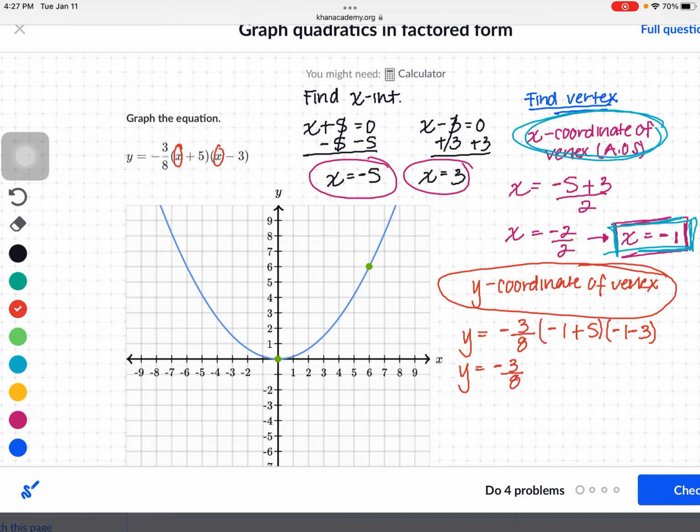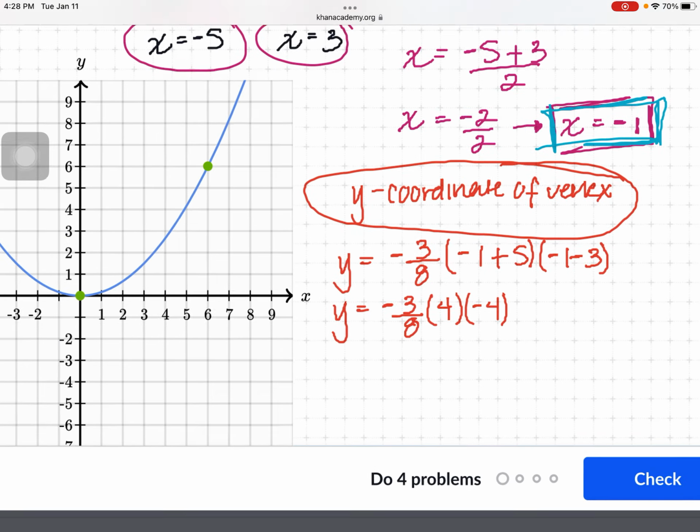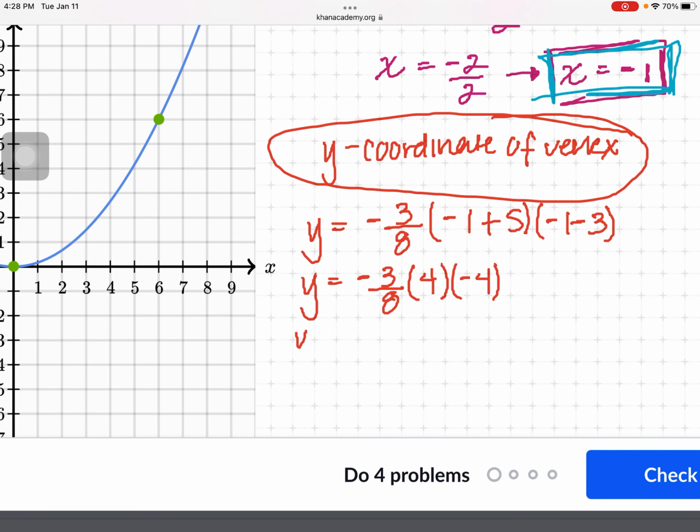All right, so y equals negative 3 over 8. Negative 1 plus 5 is 4. And negative 1 minus the 3 is negative 4. So then we have y equals negative 3 over 8 times 4 times negative 4, which is negative 16.